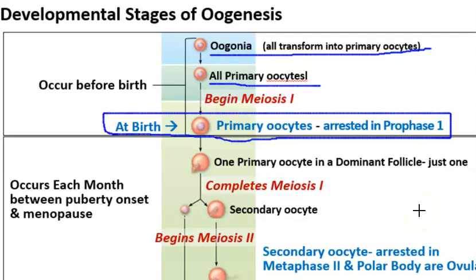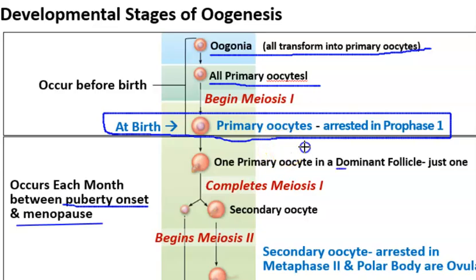They just sort of stop. Then, after puberty onset, all the way until menopause, each month a group of these primary oocytes are recruited to start changing, to start the process. Mainly it's the follicles that are going to start changing.